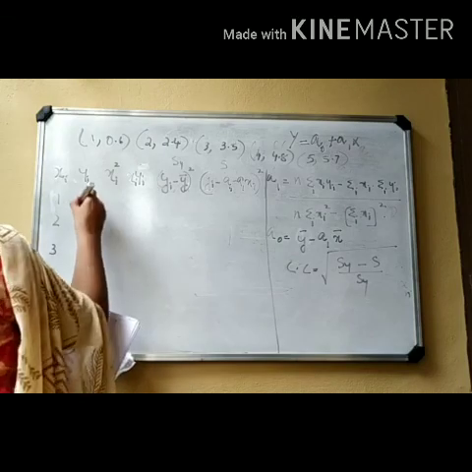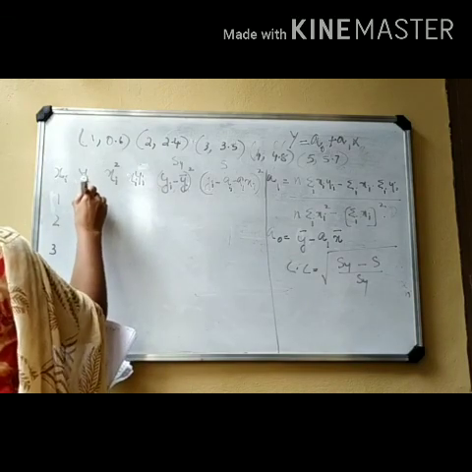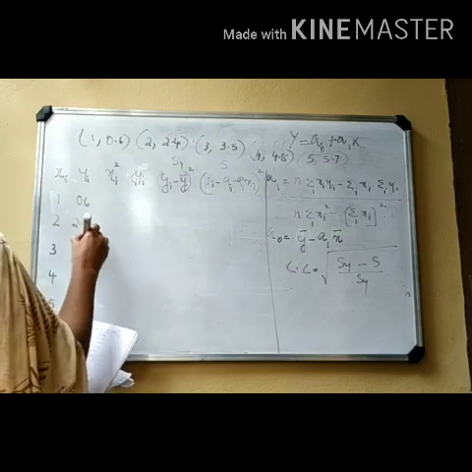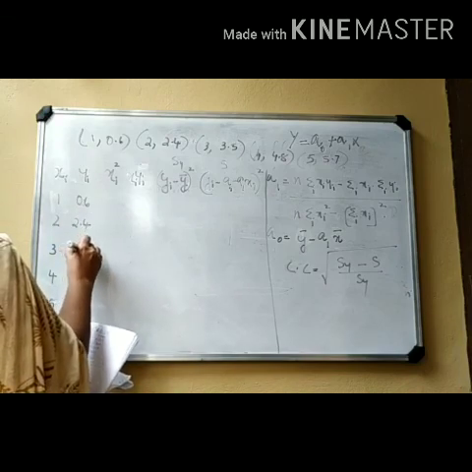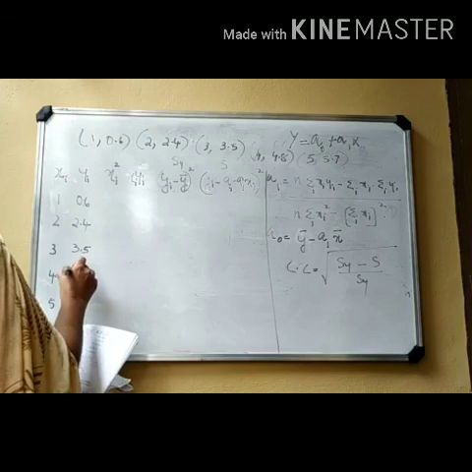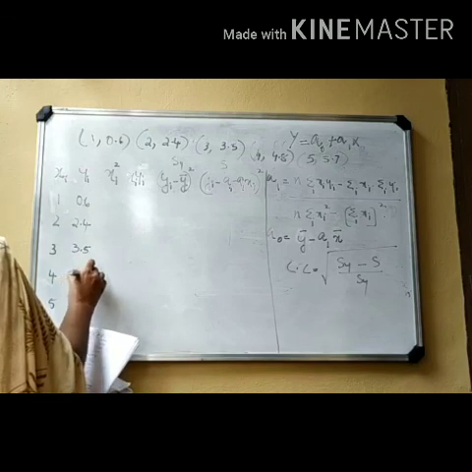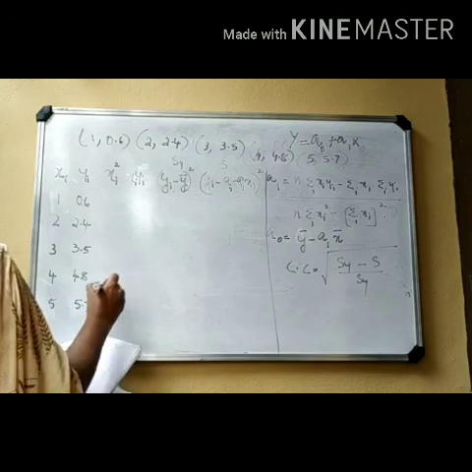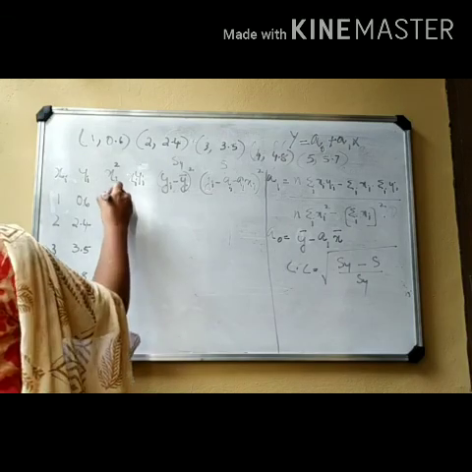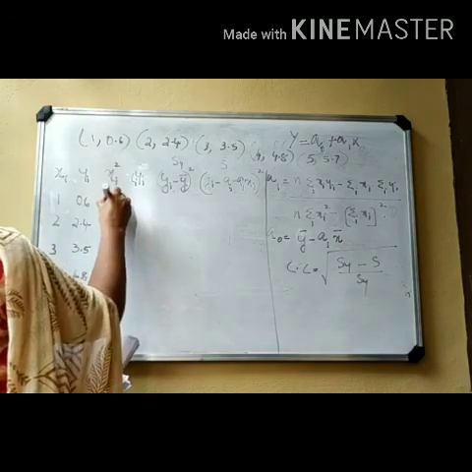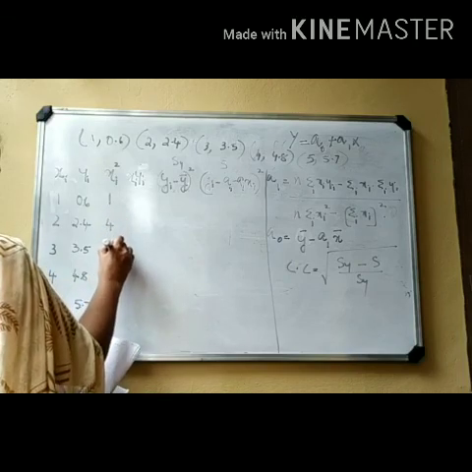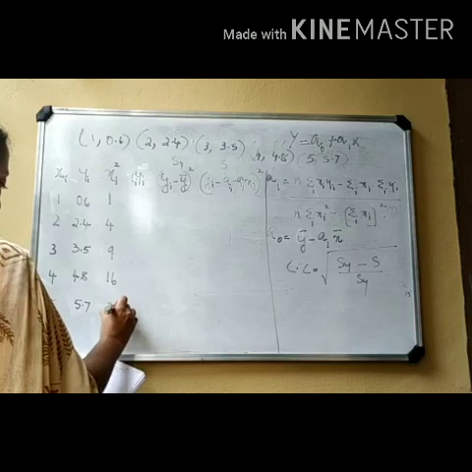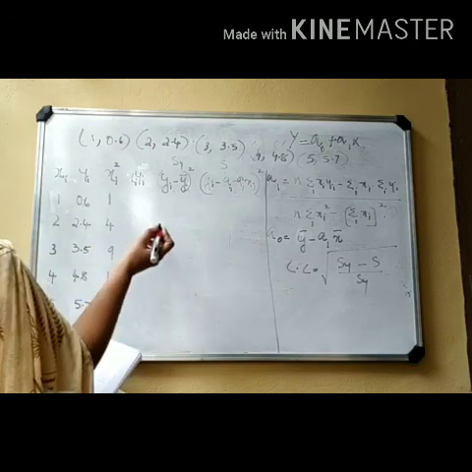And yi values 0.6, 2.4, 3.5, 4.8, 5.7. Xi square values 1, 4, 9, 16, 25.